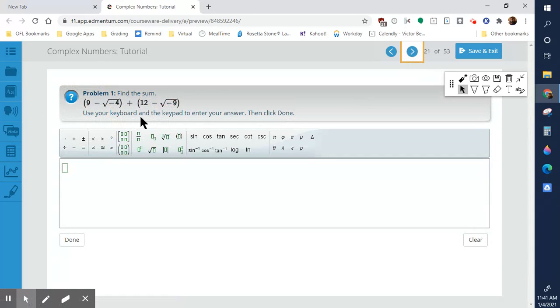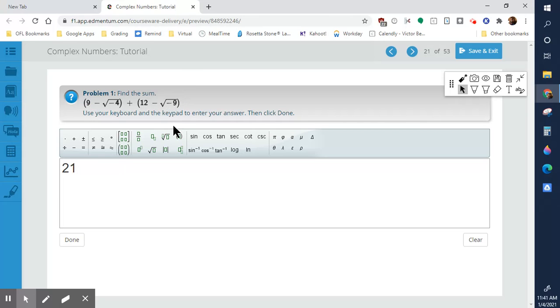All right, so let's take a look at this one. In this case, this 9 is going to combine with this 12. Let me use my keyboard so I can actually write it in. 9 plus 12 is 21. And then we have this negative square root of -4 and this negative square root of -9.